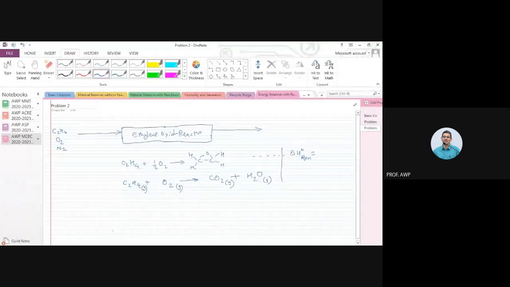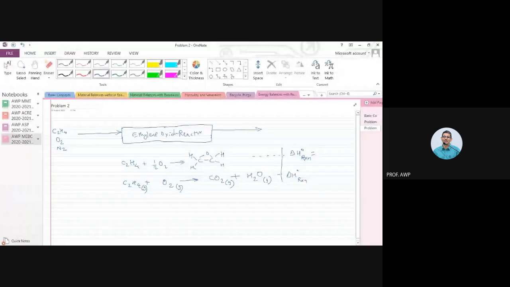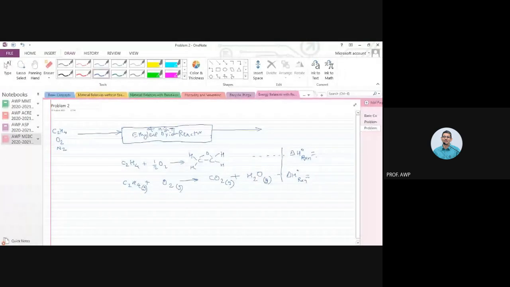Normally that heat of reaction we talked about would be with water in the liquid state, but I can always add the enthalpy of vaporization of liquid water to get gas water. Then I will get delta H0 for the second reaction for getting H2O in the gas state, because these reactions are at high temperature. So everything is in the gas phase.